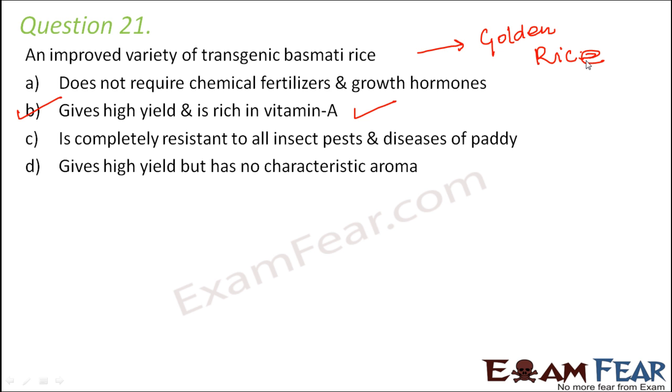It is genetically modified to biosynthesize beta carotene, which is a precursor of vitamin A. In fact, Professors Potrykus and Beyer produced genetically engineered rice by introducing 3 genes associated with the synthesis of carotene. So that's how golden rice was synthesized for the first time.